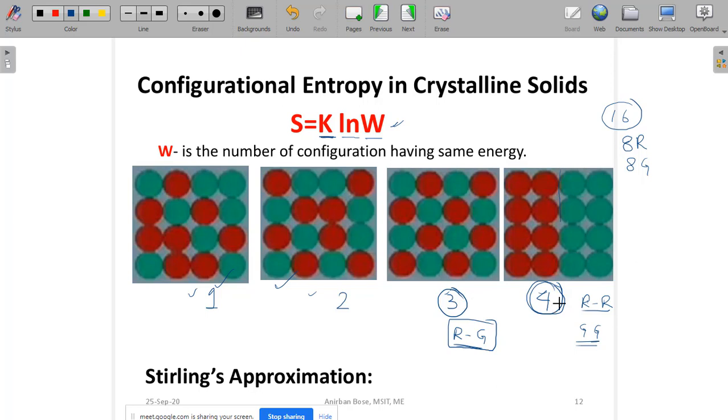So 3 and 4 are special kinds of orientation, and they are expected to have different energy. But 1 and 2 are quite random orientations, and they are expected to have similar energy.